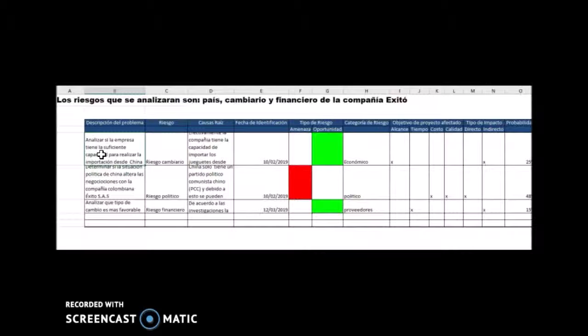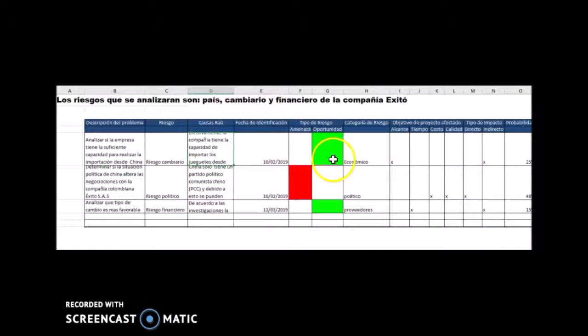So the first risk that we identified was to verify if the company had enough capacity to make these imports from China. We identified this as an exchange rate risk, and the main cause is that the company already has the capacity to make this import from China, as China is one of the countries that specializes in producing different products and goods.